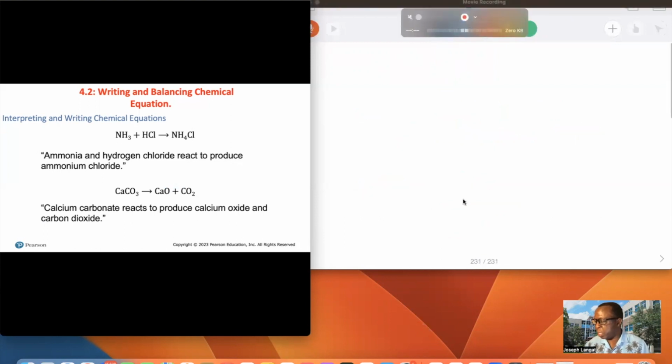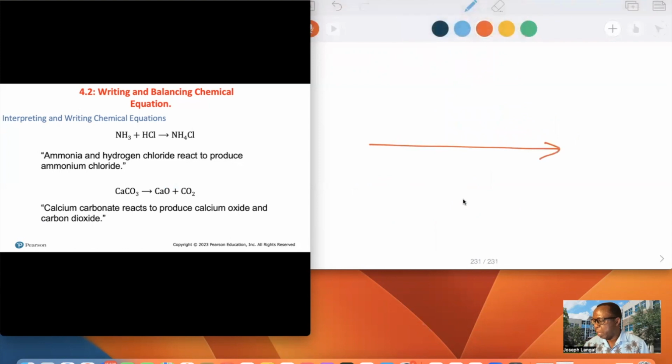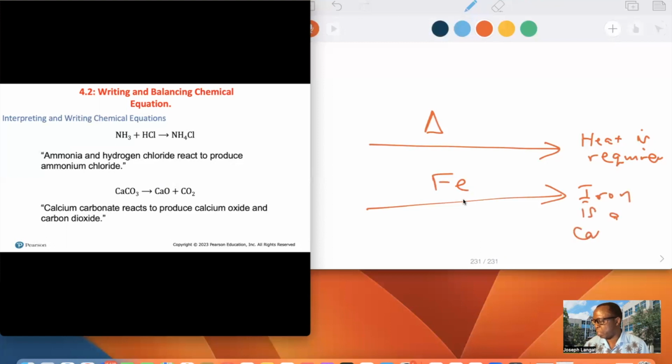Sometimes you may see a symbol above the arrow, which means heat is required. It can also be a catalyst, such as this, which means iron is a catalyst.